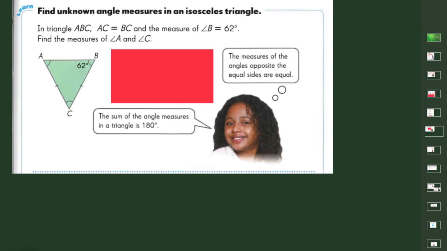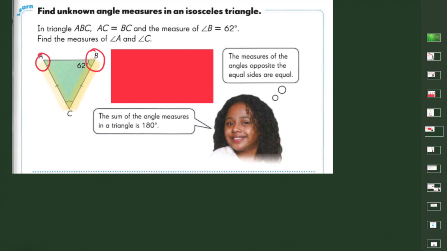All right, let's look at triangle ABC. We can see right off the bat that it's an isosceles triangle because of those two tick marks. We can see that the length of AC is equal to the length of BC. And so we know that the angles opposite these two equal sides are going to have equal measures.